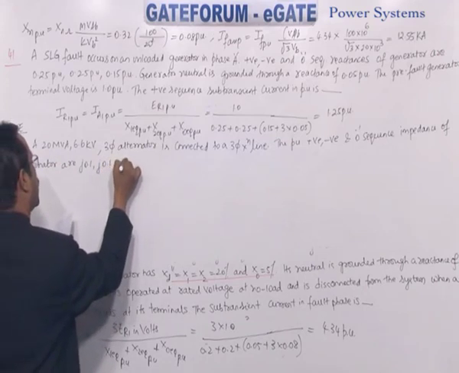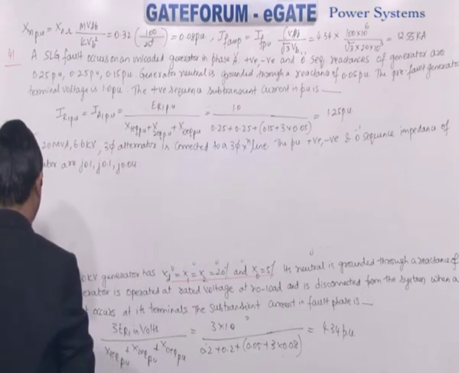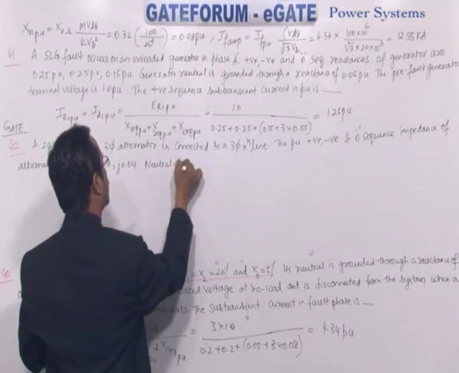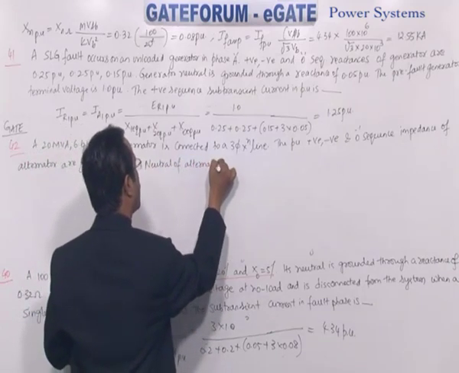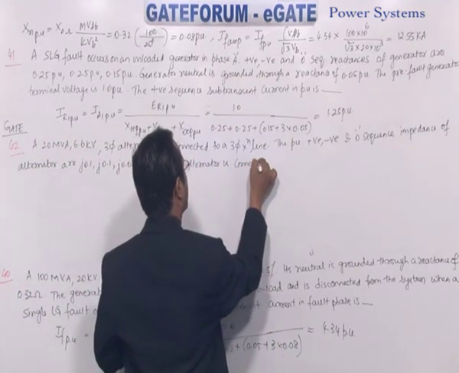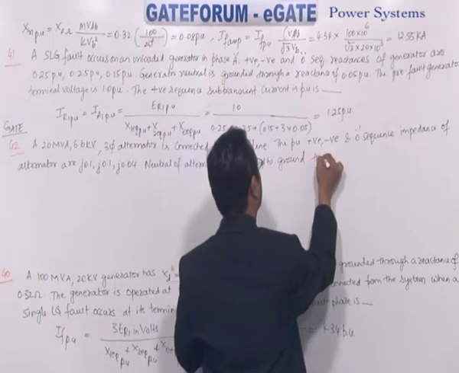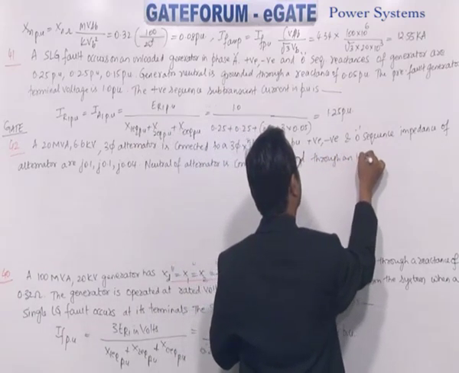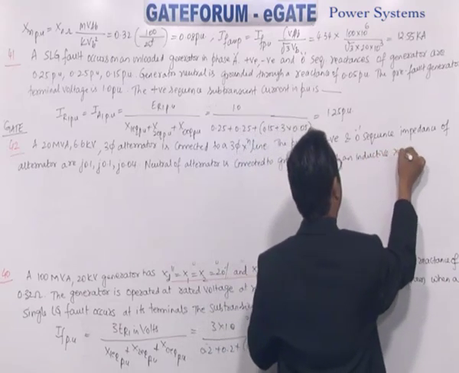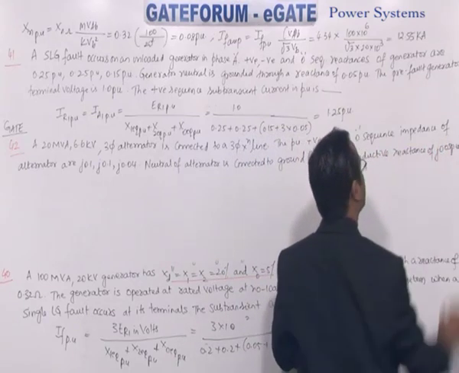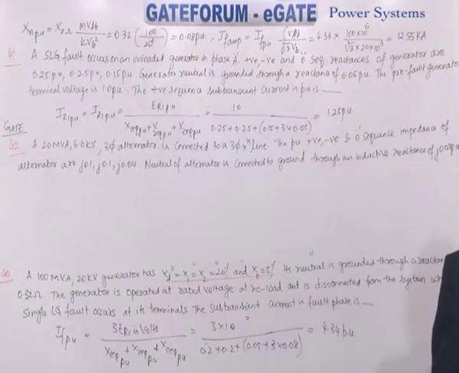The neutral of the alternator is connected to ground through an inductive reactance of j0.05 per unit.